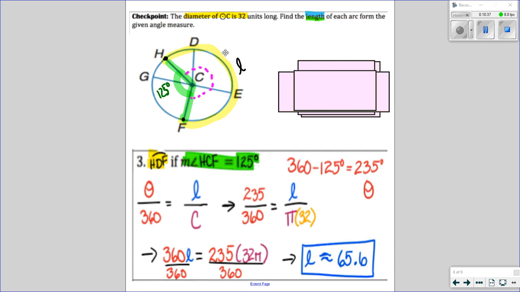If they ask you to look for arc HF, then you would use 125 because that central angle corresponds to that arc measure or the arc length. In this one, they wanted us to find HDF, which is the other side of that angle of 125. So we have to subtract 125 from 360 to give us our difference, and then use that in the formula to find out.